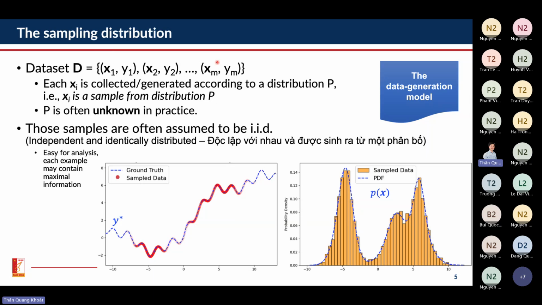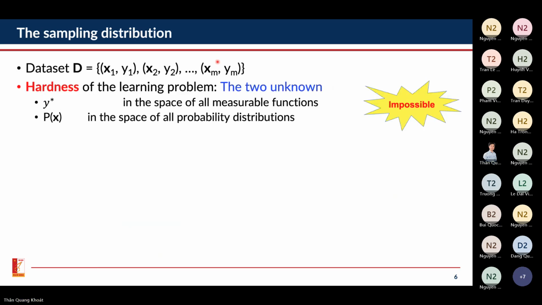Those samples should be independent, and in that case, we can use that assumption to analyze things more easily. But of course, in practice, this assumption can sometimes be violated. So for the learning problem, we have two unknowns: one is the data distribution, and the other is the labeling function. In general, this is an intractable problem.